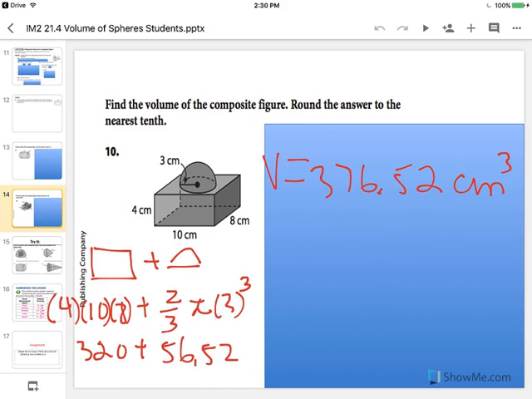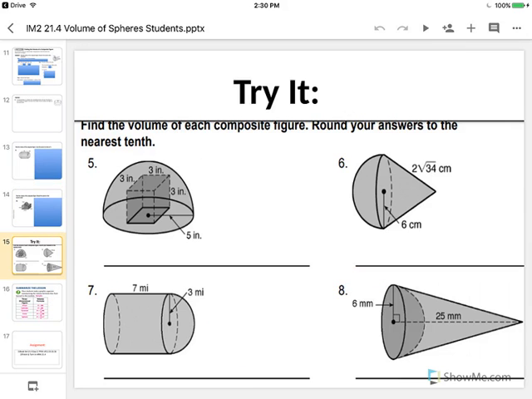Okay, so the volume of this composite figure is 376.52 centimeters cubed. Okay, so can you try these 4 out, and as you go along, I'll give you the answers.